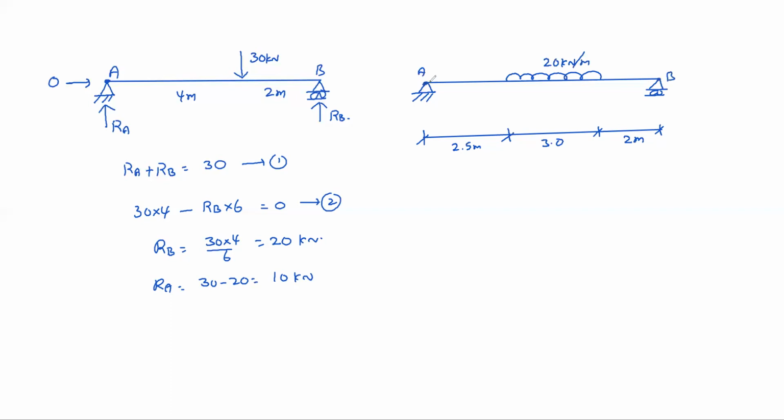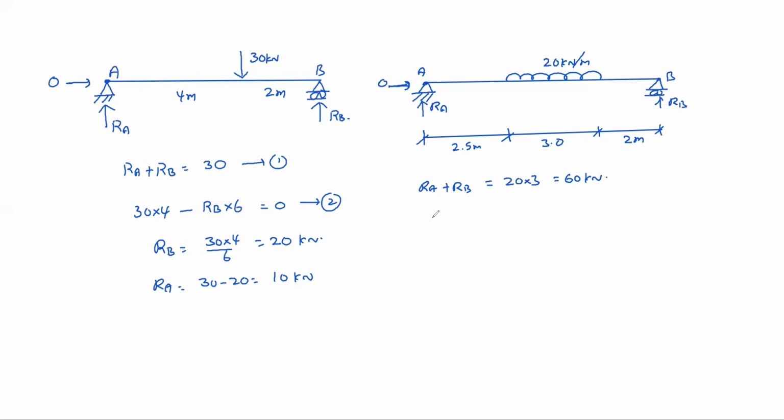One is hinge, another is roller. See, here horizontal reaction is 0 because there is no horizontal load on the structure. So now reactions are RA and RB. RA plus RB, total upward force is equal to total downward forces, that is 20 into 3. Upward equal downward means algebraic sum will be 0. So RA plus RB equal to 20 into 3, that means 60 kilonewtons. That is one equation.